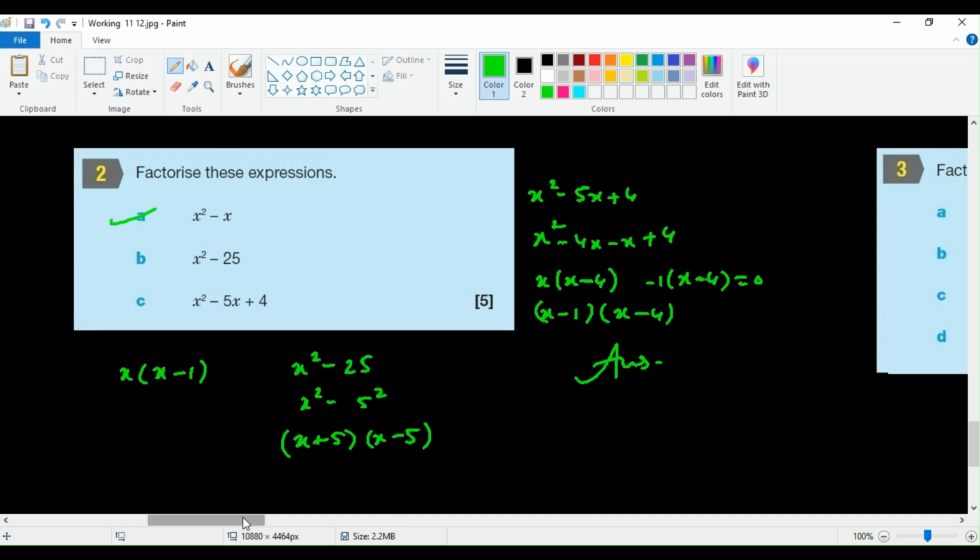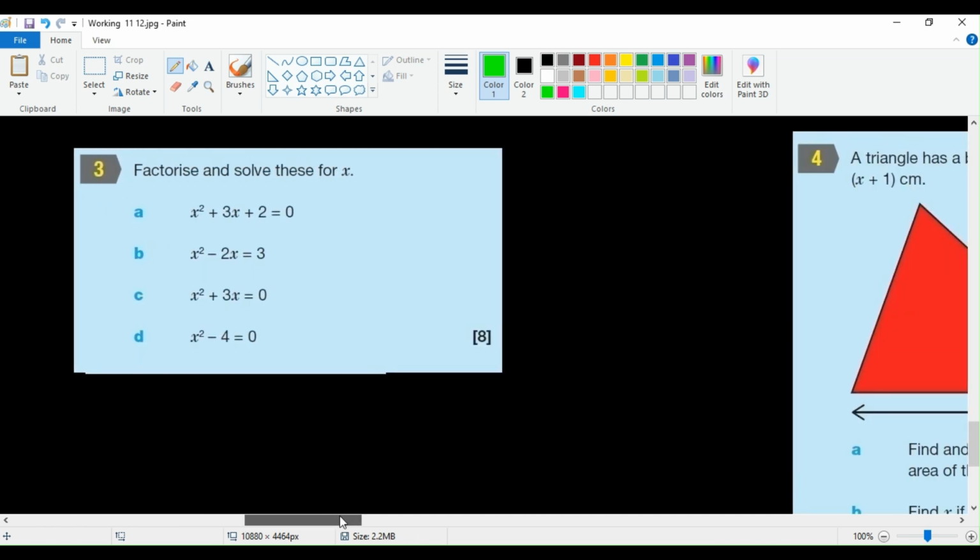Now moving on to question number 3. This is an 8-mark question, and there are 4 questions. Let's see how do we solve this. First one is going to be x square plus 3x plus 2 equals 0. That means x square and plus 2 I will write as it is, no change. And 2 times 1 is a 2, and 2 plus 1 is a 3.